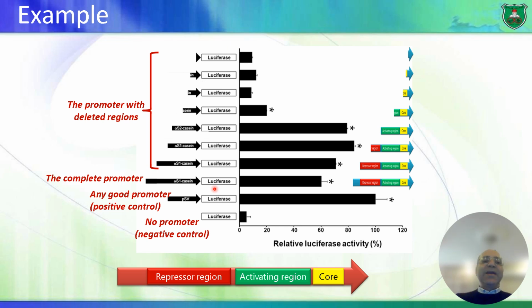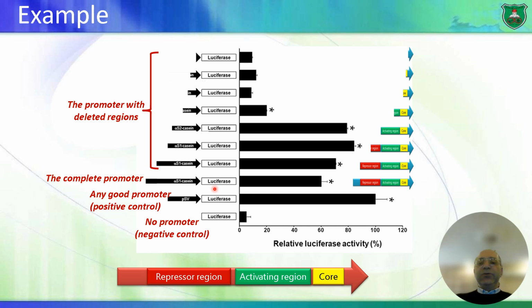So I create negative controls and I create positive controls. A negative control is something that I know does not work. A positive control is something I know works for sure. Now, if the negative control works and it produces luciferase, it means that there's something wrong.